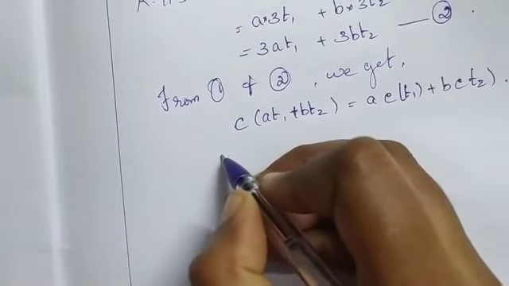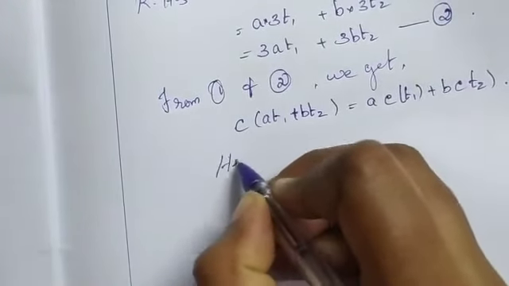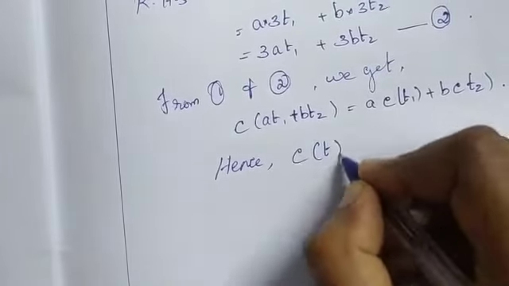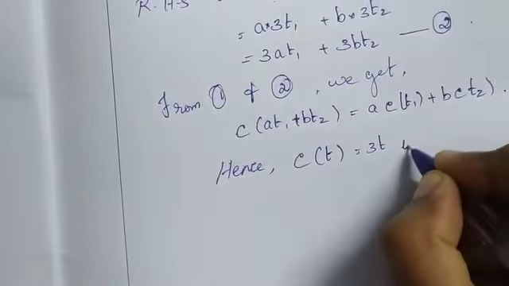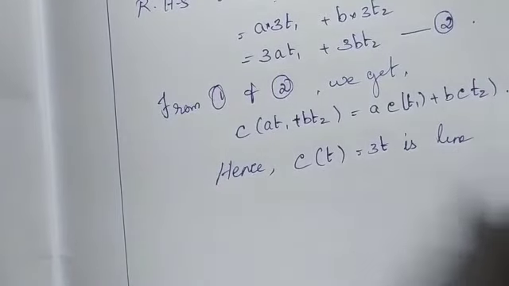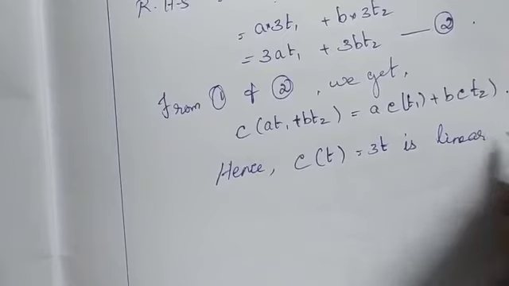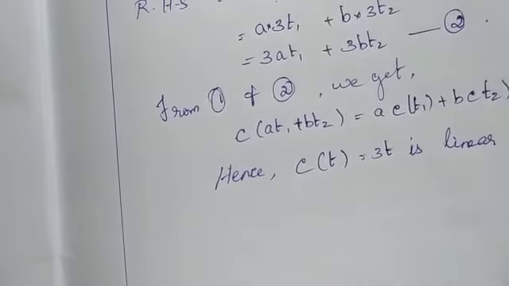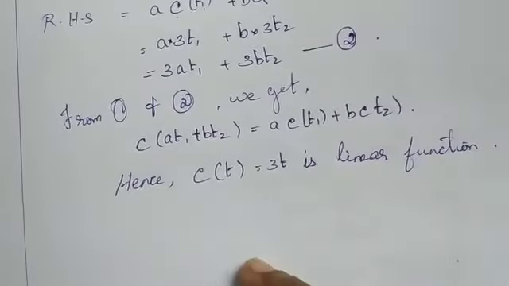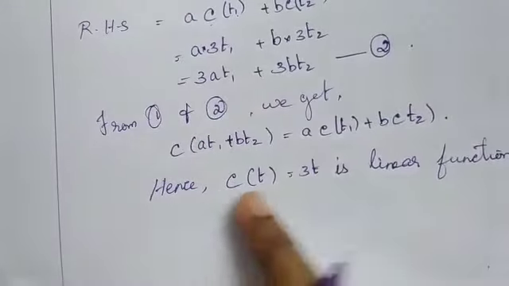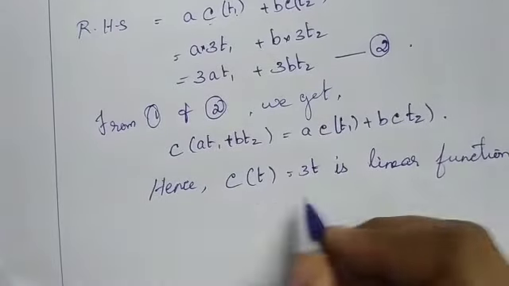Therefore, hence, thus, you can write anything. Hence, capital C of t is equal to 3t is a linear function. If this principle is satisfied, that is, left hand side is equal to right hand side, immediately C of t is a linear function.